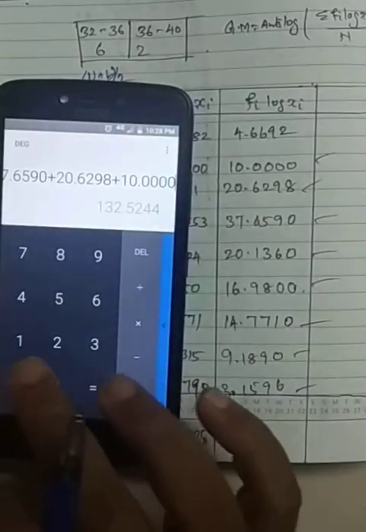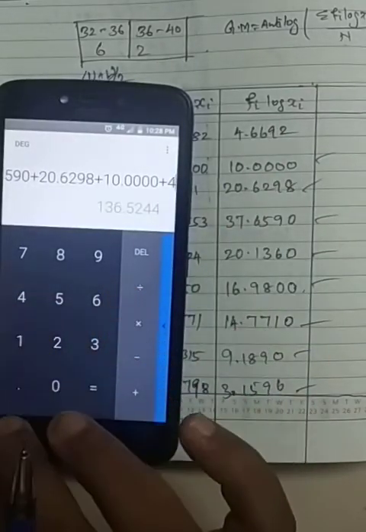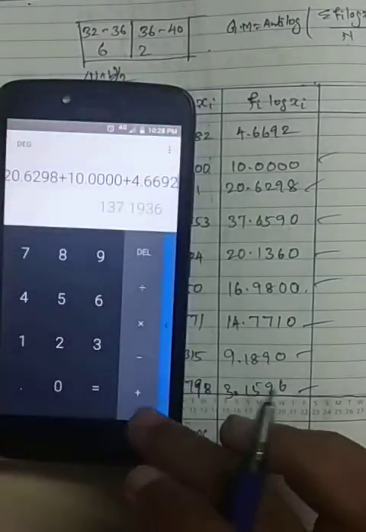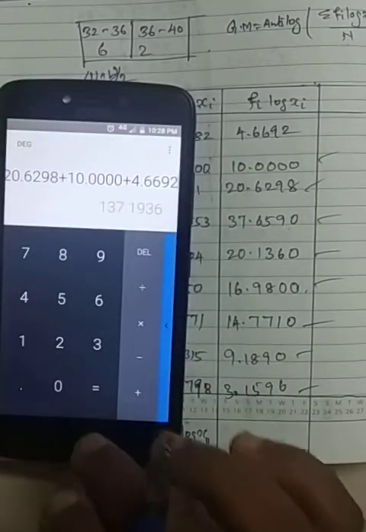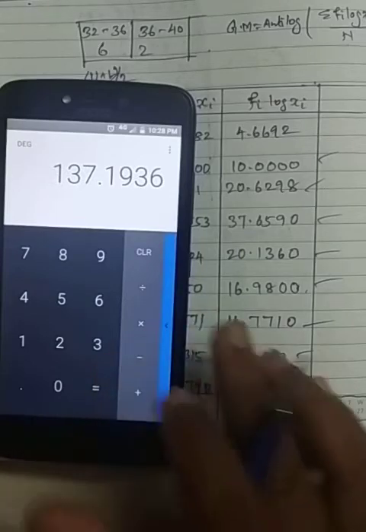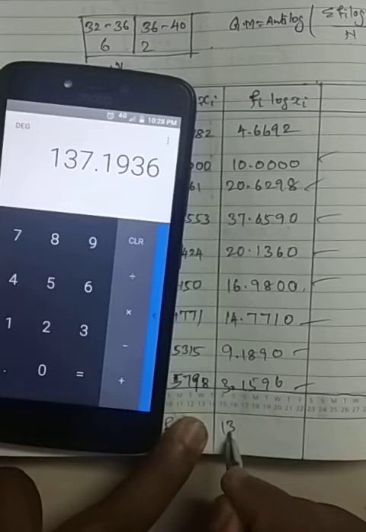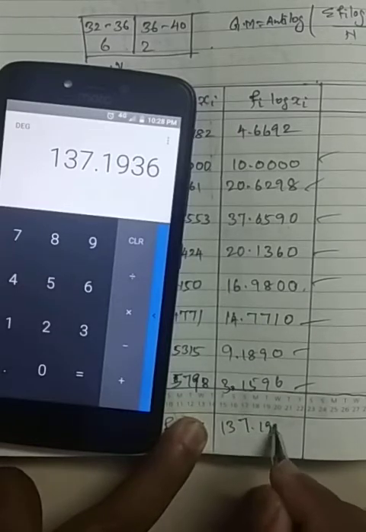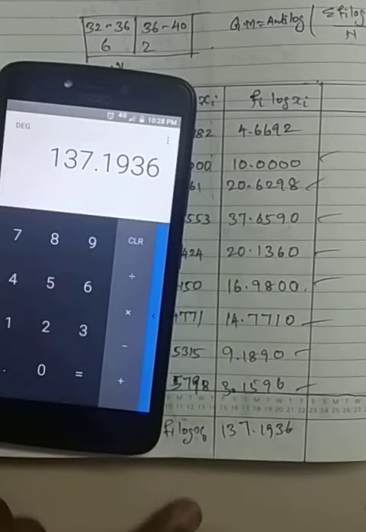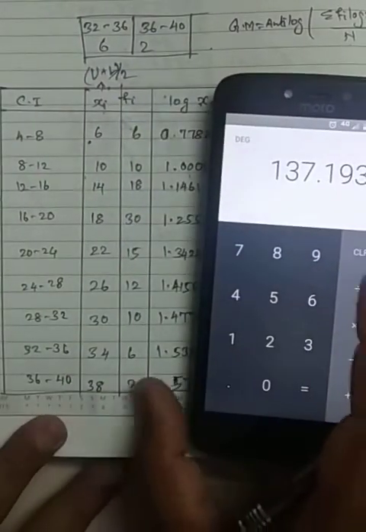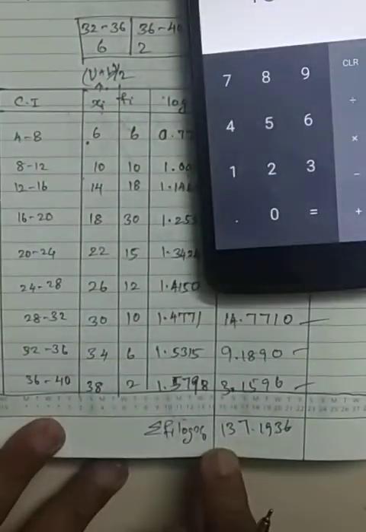And the next we have finally plus 4.6692, we have to add this one. So you can see here the answer is coming 137.936. I write it properly because I need to write before the camera. Okay, that value I have written, summation fi log xi is over.